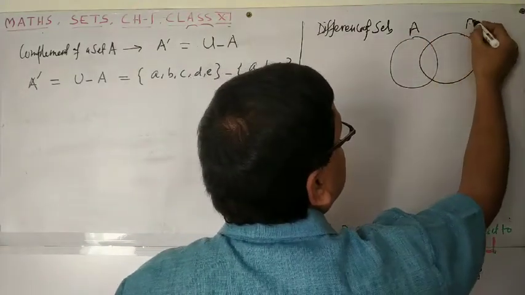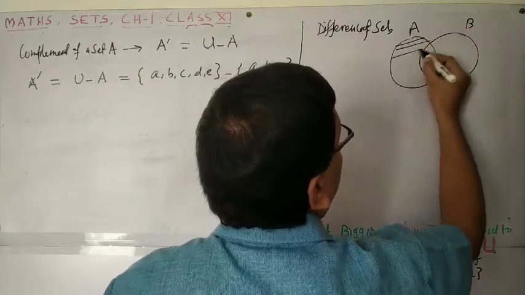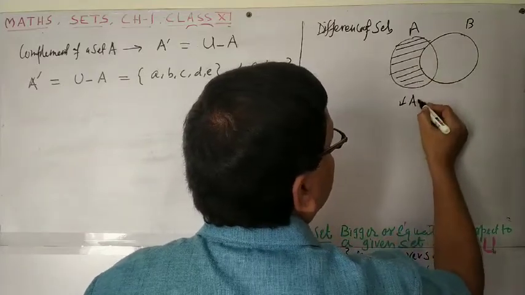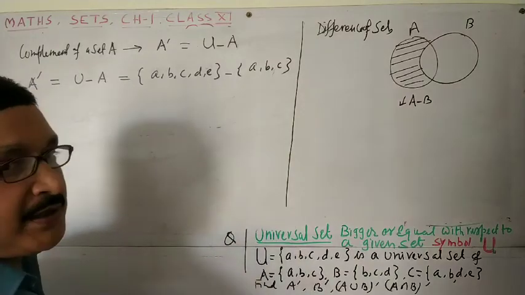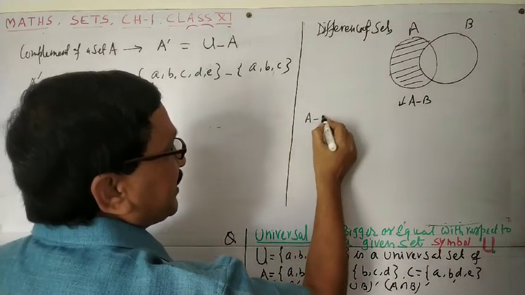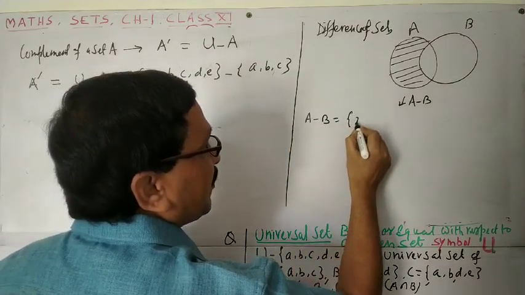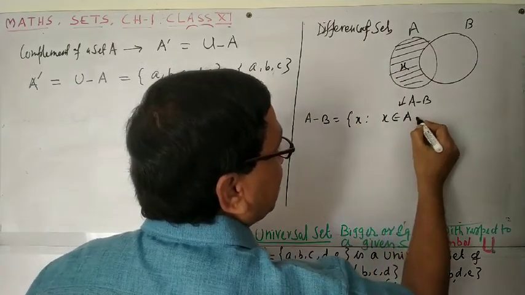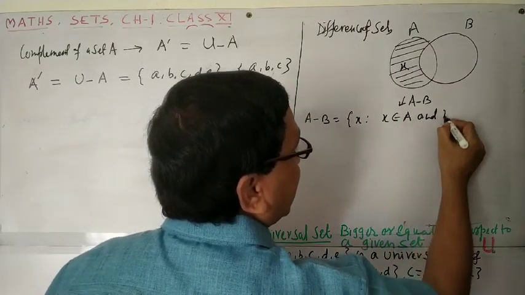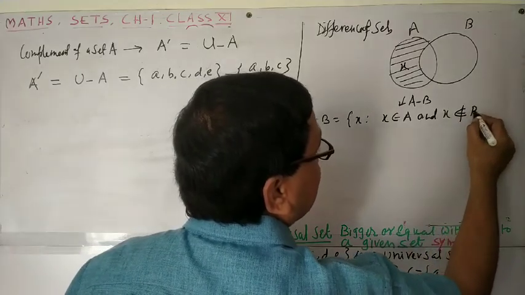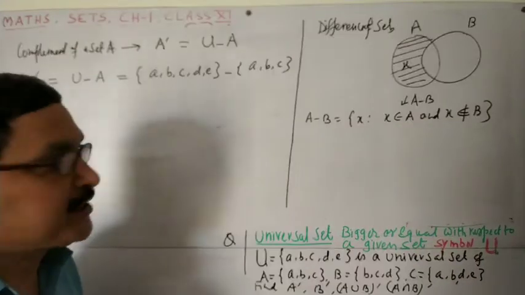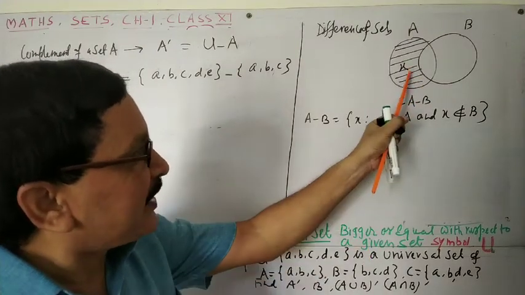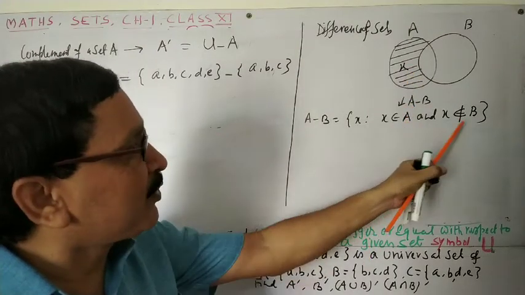Suppose this is A and this is B. This portion is called A minus B, and A minus B is defined as the set of all x's which are members of A and x is never a member of B. In this portion, x belongs to A; x will be a member of A but not a member of B.